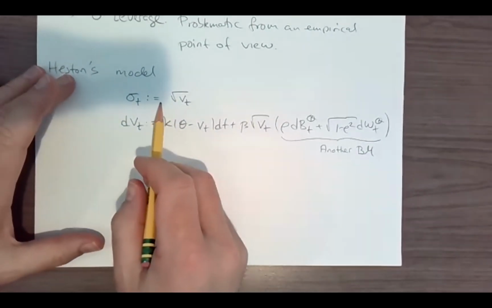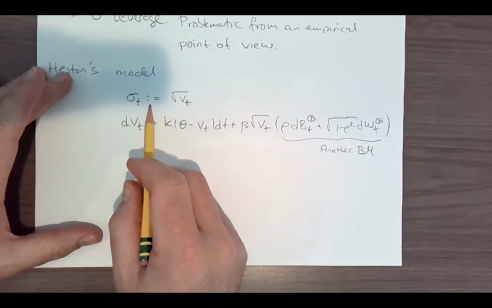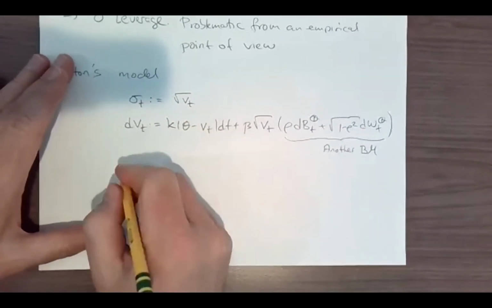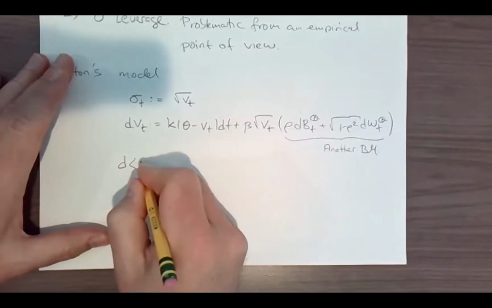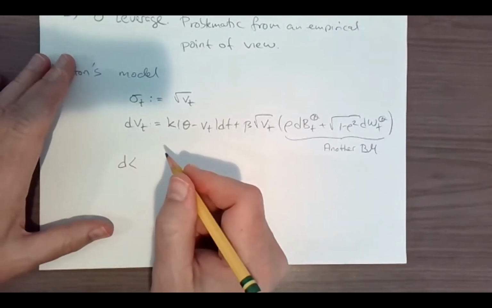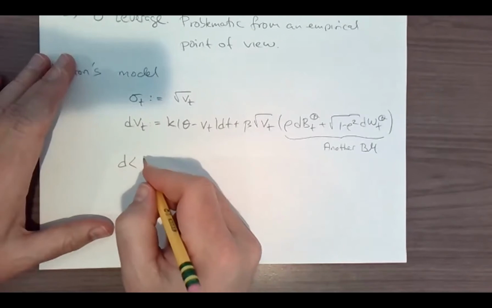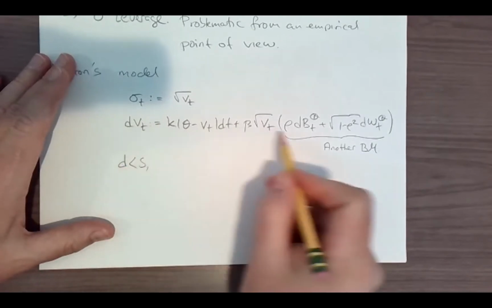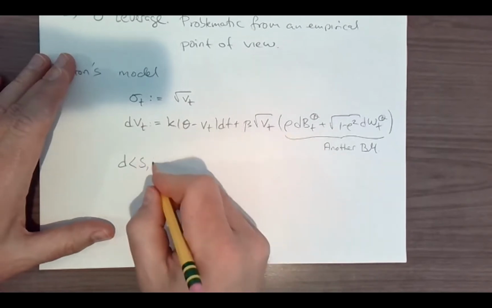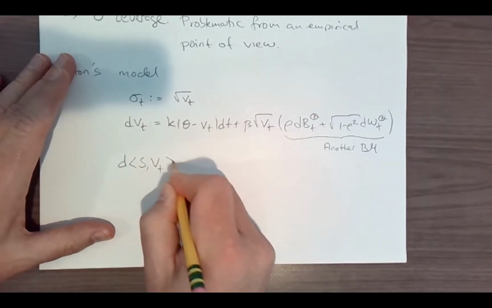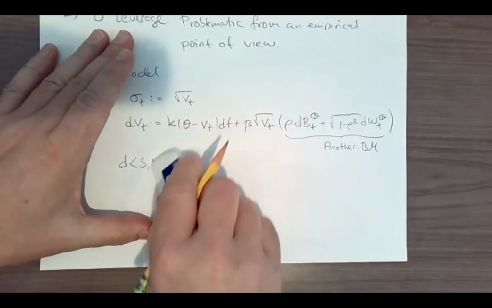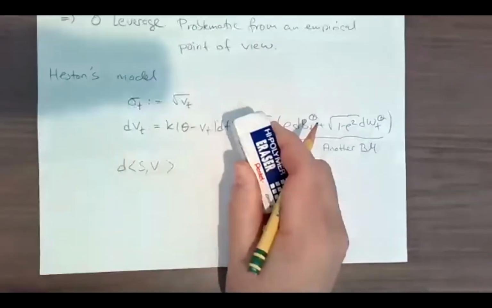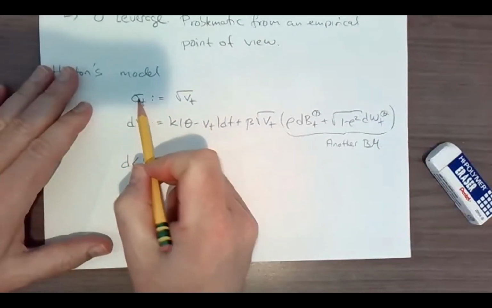So if we want to compute leverage again, we could compute the cross variation between, for example, S and V. I think it'll be easy to compute it between S and V. So it's not quite leverage, because then you would have to put sigma here.